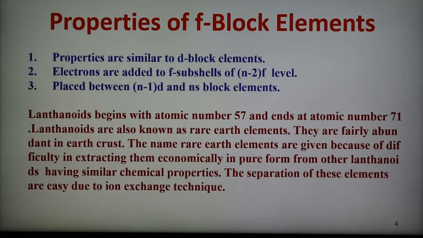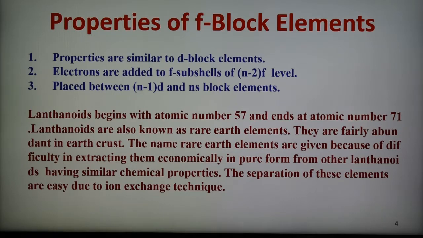Lanthanides begin with atomic number 57 and go up to 71. So 57 to 71 is the lanthanide series, and lanthanides are also known as rare earth elements because they are found rarely in the earth's crust. For example, thulium is found in more abundance than silver.